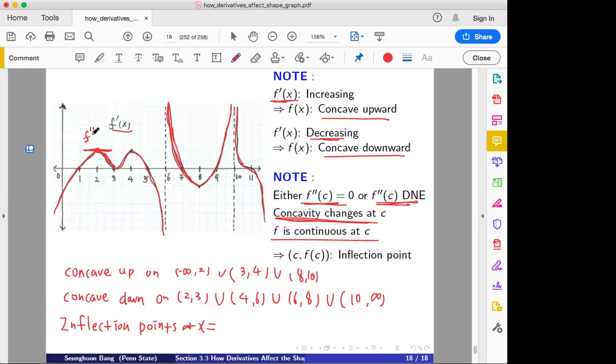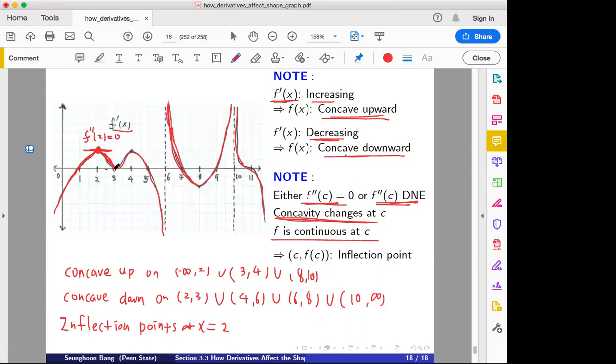What's the second derivative at 2? This is equal to 0. Right? Another one. F prime of x is increasing and then decreasing. What does it mean? Increasing is concave upward, decreasing is concave downward. Concavity changes at 2. Yes, inflection point at 2.